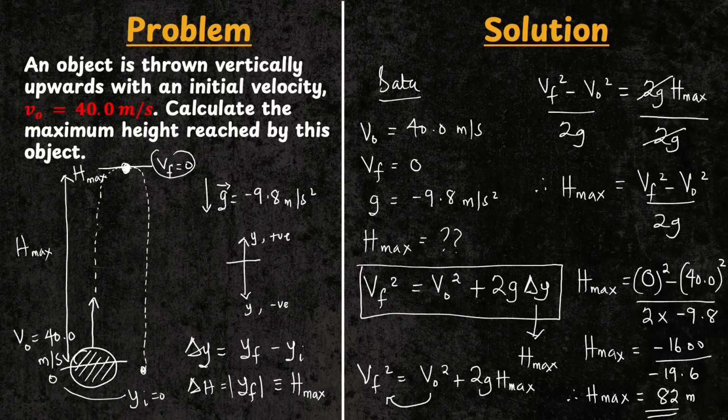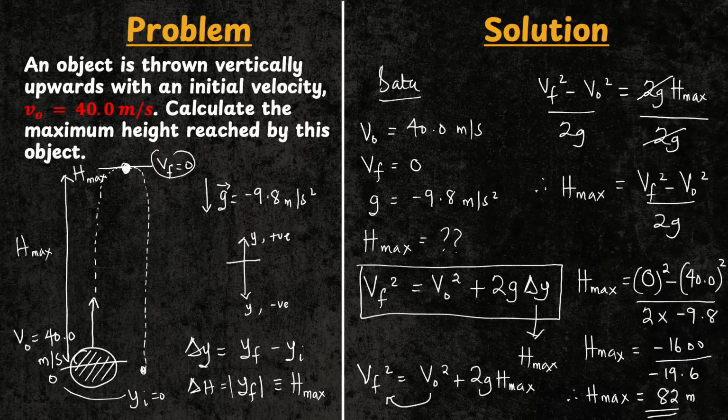So with this problem, the object is given an initial velocity of 40.0 meters per second, and then it is thrown vertically upwards. Now we have found that the maximum height this object will travel given that initial speed is going to be 82 meters vertically upwards.